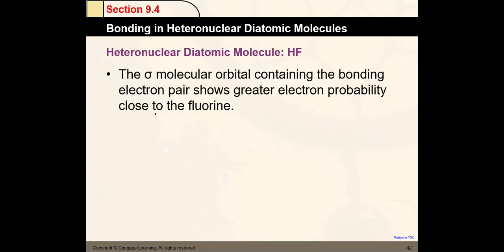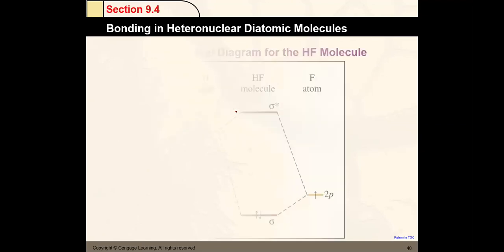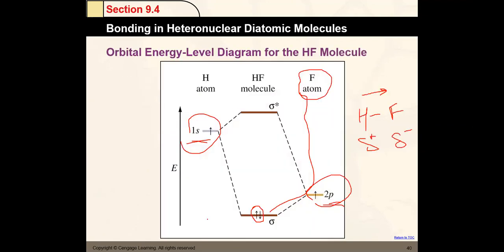But also the sigma molecular orbital, the MO containing the electrons, shows a greater electron probability close to the fluorine. That's exactly what I was trying to tell you here, that those two electrons are closer in energy to the 2p. Who is 2p? The 2p is fluorine.